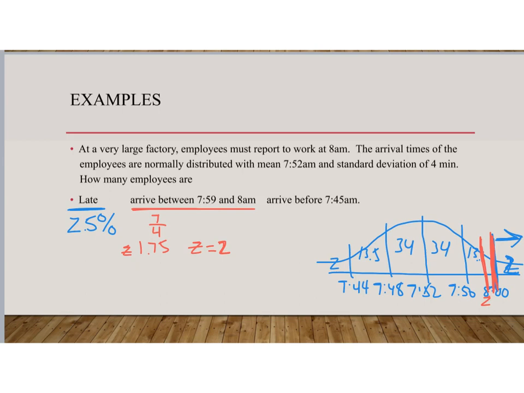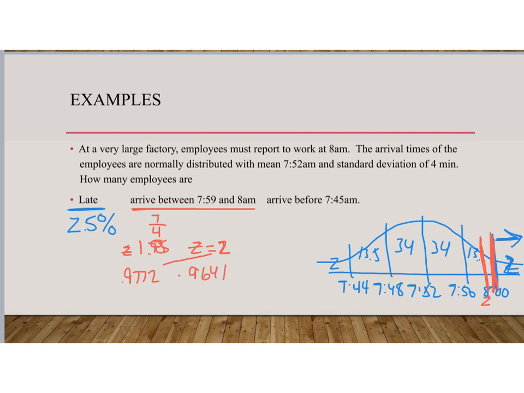Okay, using the chart, I could look up 2.0 on the chart. That's 0.9772. That would be the percent that's less than 2. Okay, 1.75, and we're going to make this easy, round to the nearest tenth. I'm going to think of this as 1.8. If I look up 1.80 on the chart, that's 0.9641.